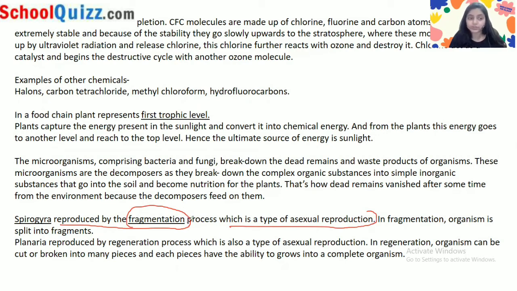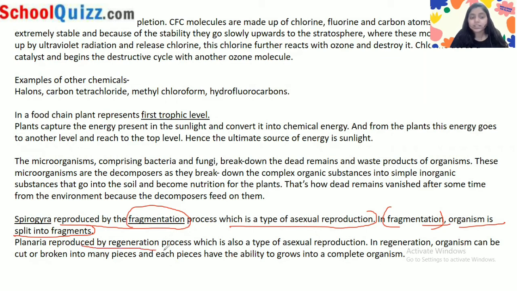Spirogyra is an example of fragmentation, a process of asexual reproduction, right? Then you have to tell what fragmentation does. In fragmentation, the organism is split into fragments, and then they reproduce.